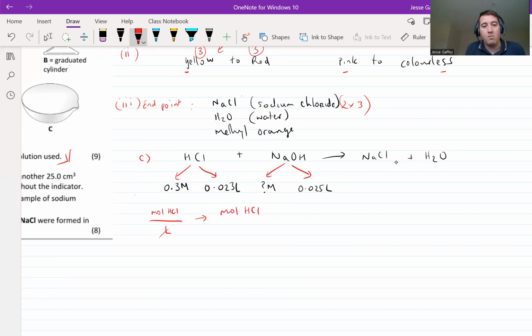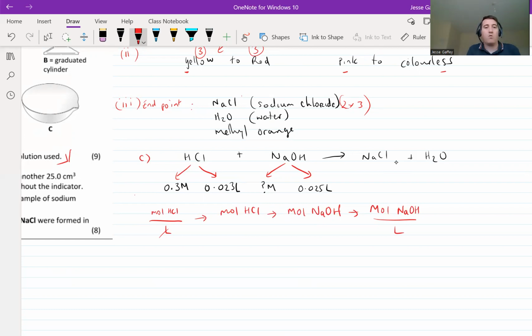Then we're comparing the moles of HCl that reacted with moles of NaOH. So we want to find out from moles of HCl, how many moles of NaOH did that react with? And then we want to turn that moles of NaOH. We want to find out, well, what's the molarity, the moles per liter of NaOH. So moles of NaOH per liter.